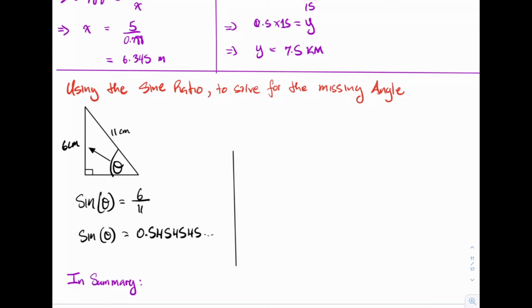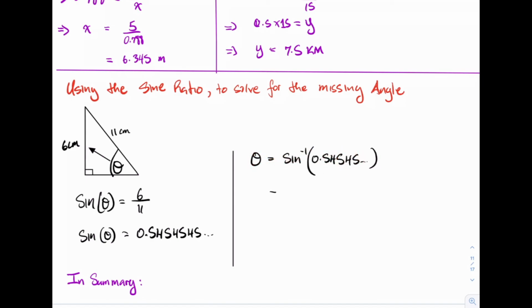So now what I will do is transpose for theta by saying theta is now equal to sine inverse of 0.54545. Notice that here, once we have sine of theta equals a particular value, in order to get theta, we must say that theta is equal to sine inverse of that number.